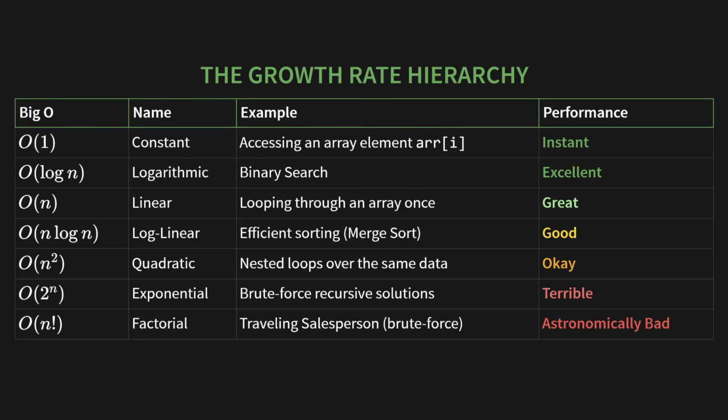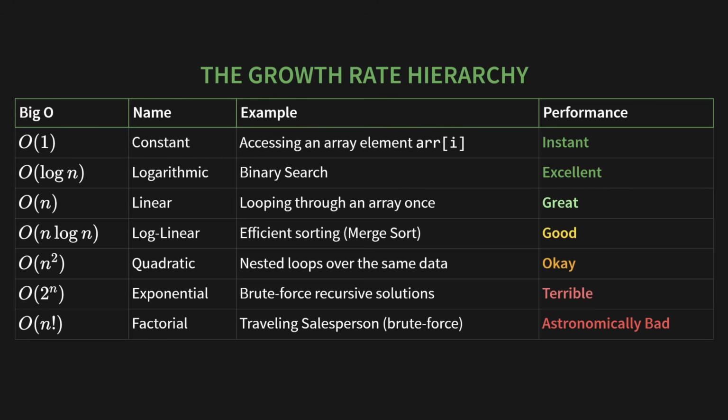That's great performance. O of n log n. We call that log linear. Efficient sorting algorithms like merge sort fall here. Performance is good. Now things start to slow down. O of n squared is quadratic. Those nested loops we saw. Performance is just okay.